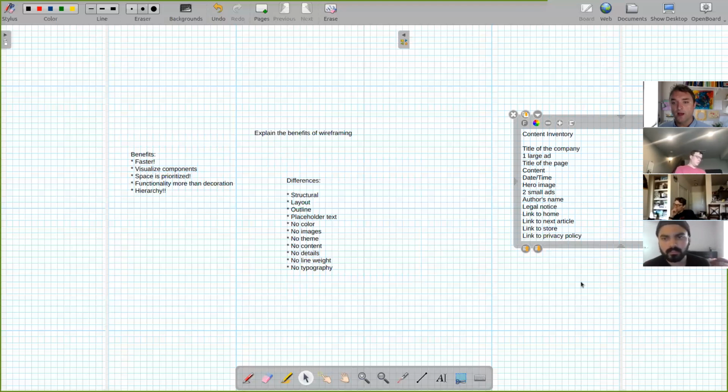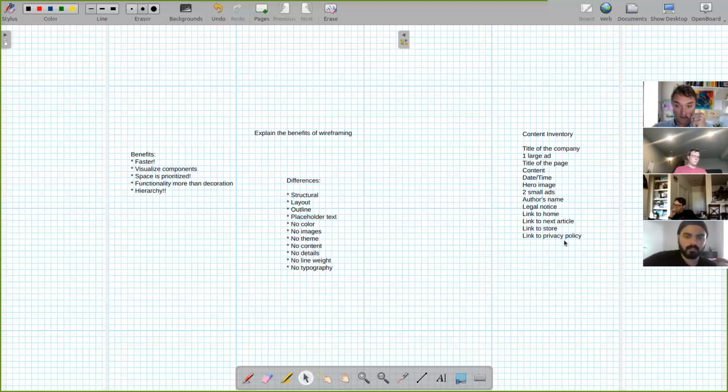Wireframing is a very feasible next step. So you go, okay, now how do I reflect this priority list visually? So we have all of these different levers that we can pull with layout.